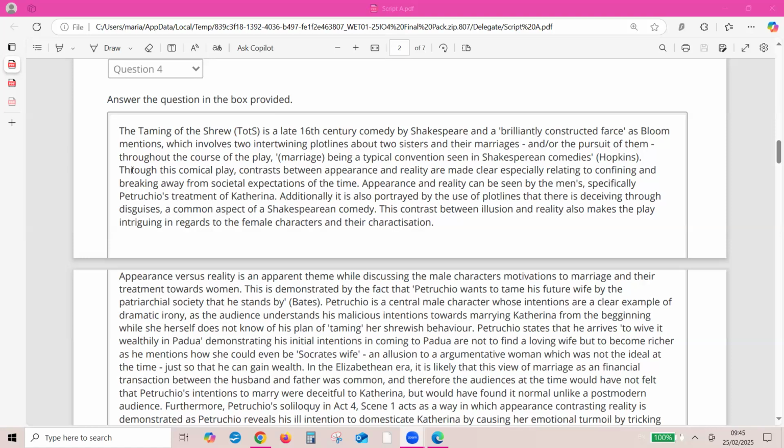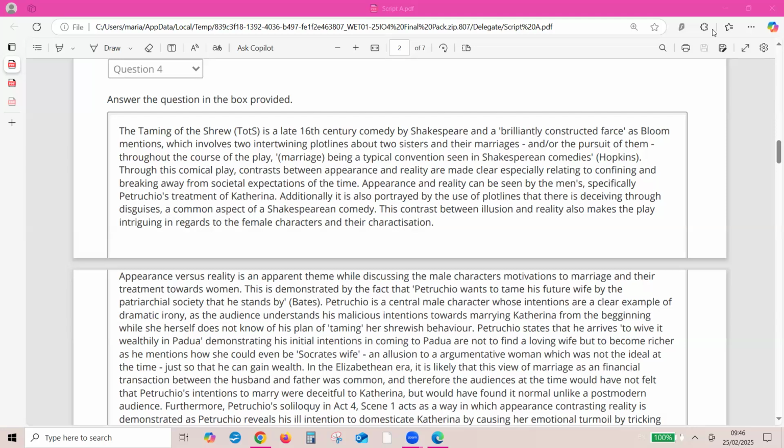If we look at this opening paragraph, the candidate has taken the question about illusion and reality, and they've stayed quite sharply focused on it. And while we said that we don't always want a name check of a critical context or a critical interpretation, this is a candidate who's very aware that that's something we do in this question, aren't they?